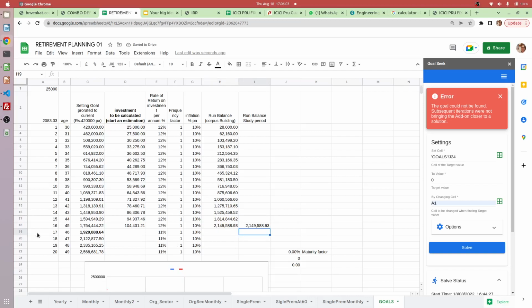And during the first year of the study period, that is the 17th year, it is equal to the round off of the previous figure multiplied by 1 plus the return, now 11% only, divided by the frequency factor, that is 1, minus the expenses, that is the college fees, comma 2 decimal places.